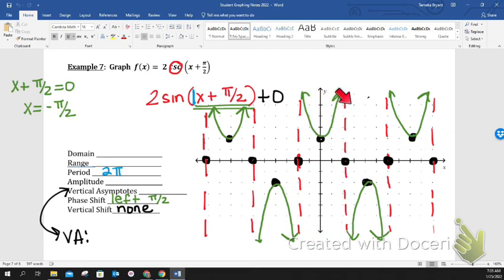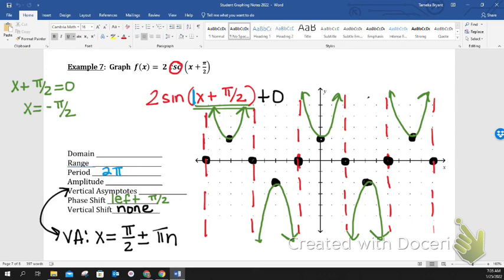So what is this angle right here? Pi/2. X equals pi/2 plus or minus what? Pi. Yep. That's my vertical asymptote.